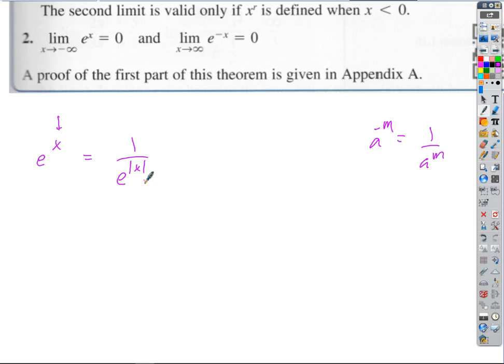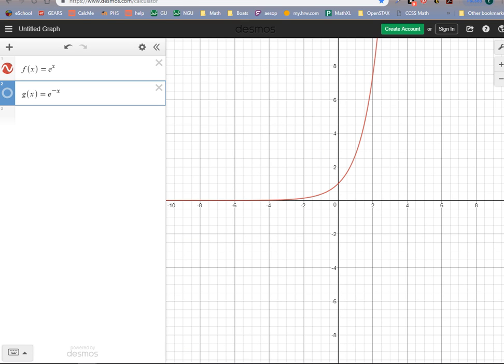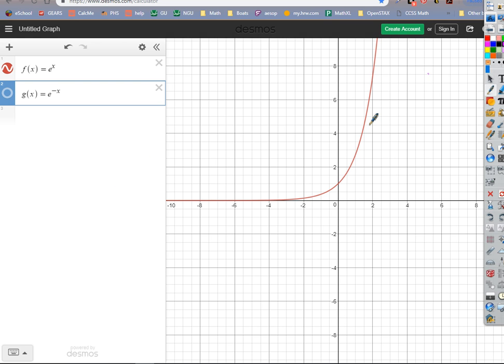Same thing up here, right? If we've got e to the minus x, that's the same thing as 1 over e to the x. If I'm plugging in huge numbers, same behavior. And if we want to jog your memory about what those things look like, here's e to the x, and there's e to the minus x.